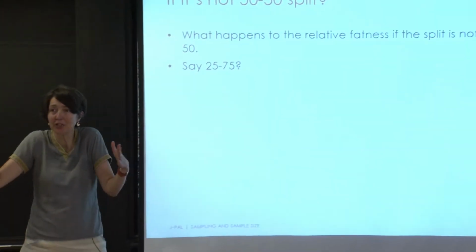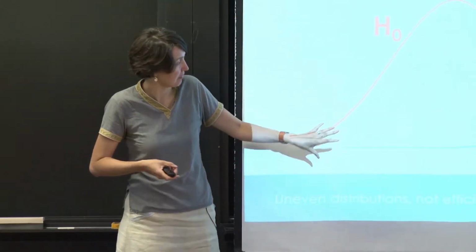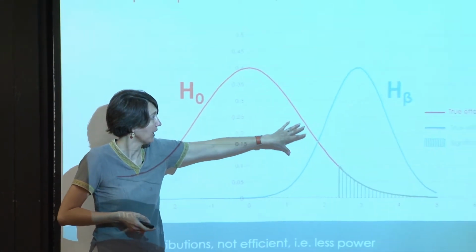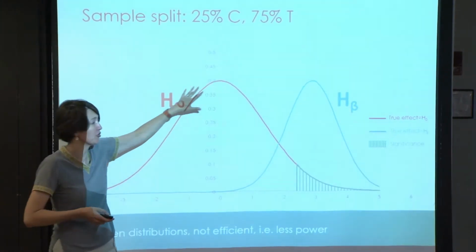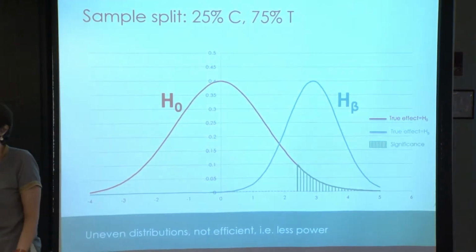But if we make one curve thin and the other curve not thin, if we put most of the sample in the treatment group, the control group is going to be very fat, and that's basically inefficient.